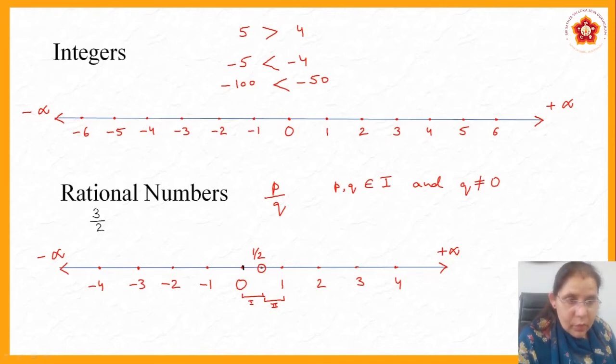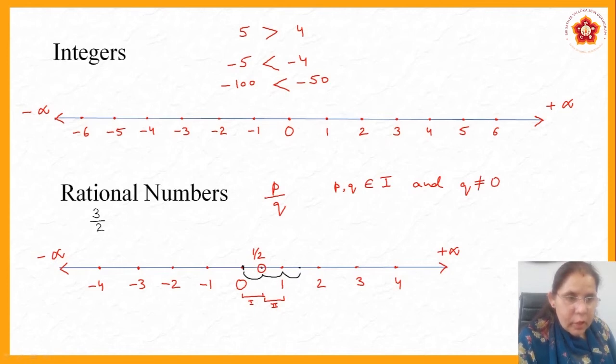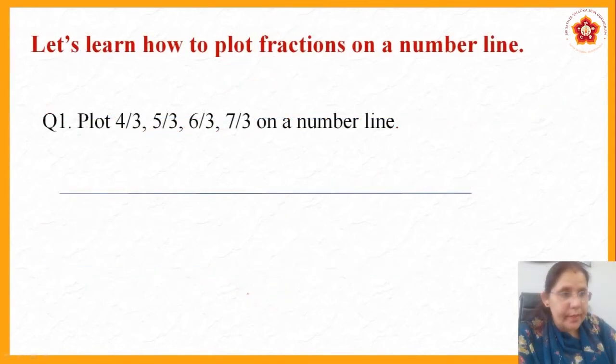We start from 0. Between 0 and 1, we have already divided it into 2 equal parts. Now between 1 and 2 also, we divided it into 2 equal parts. Now it is 3 upon 2. Start from 0 and count till 3. From here to here it is 1, 2 and this is 3. So this point is 3 upon 2.